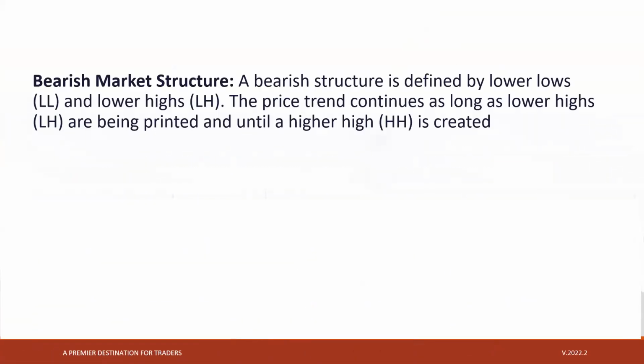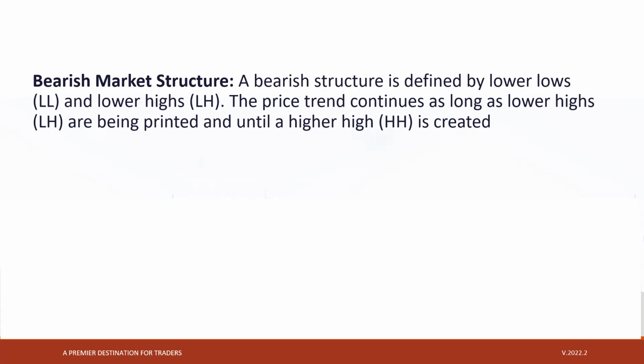Now, the other type of structure is the bearish market. And in a bearish market, the structure is defined by a series of lower lows and lower highs. And in this type of market, price tends to continue in the direction, making new lows, right? So what you notice is in a bullish market, price trends higher, and there's a likelihood that price will take out the previous high then break lower.